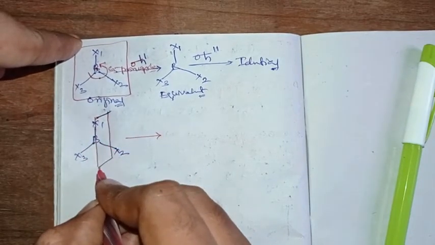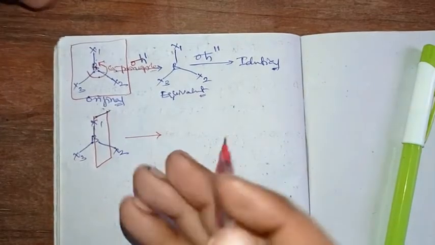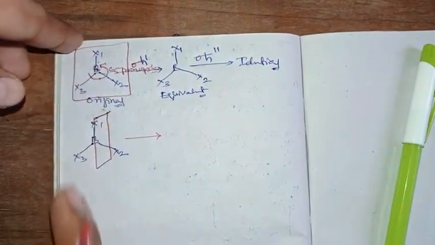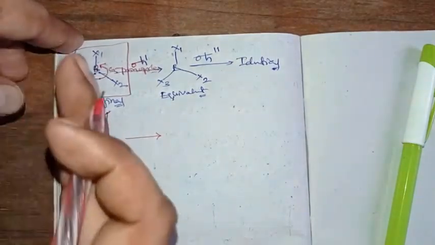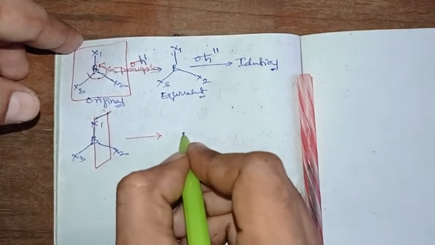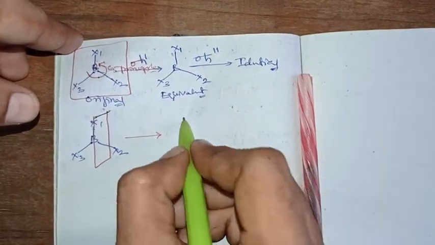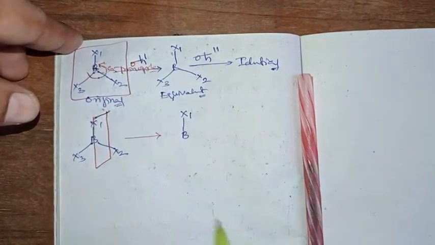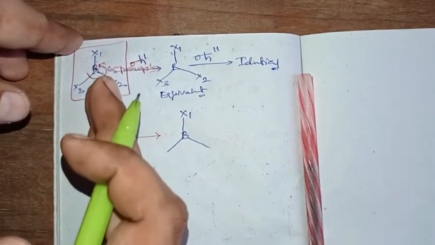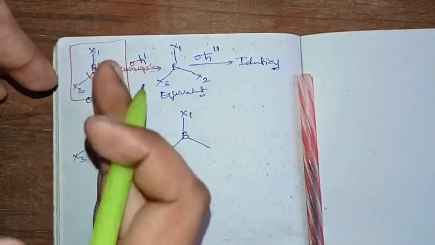You can easily assign the other two, while taking a plane through one of the BX bonds. If we make a plane thus, passing through the boron atom and halogen 1, they will retain their positions, as the atoms are getting bisected into halves.